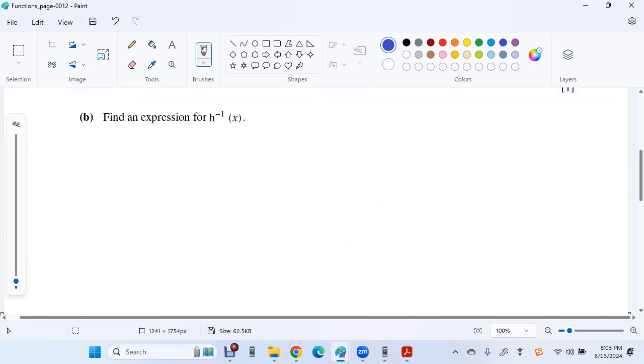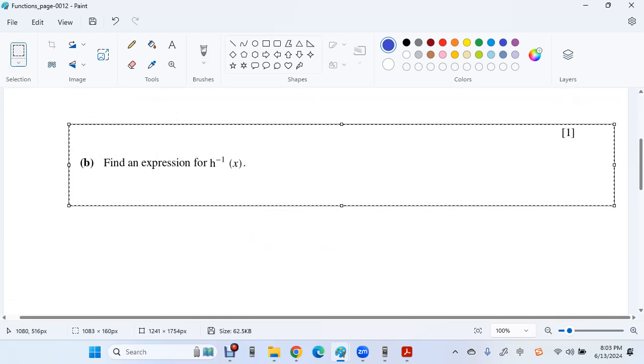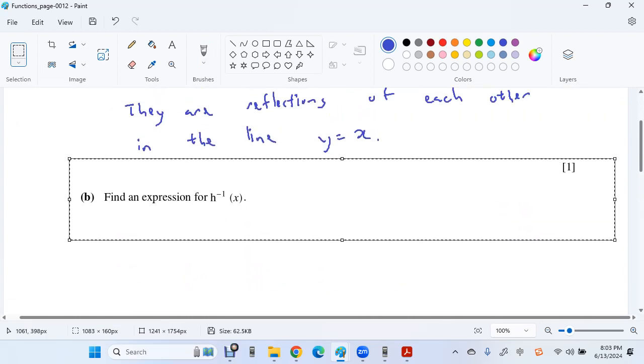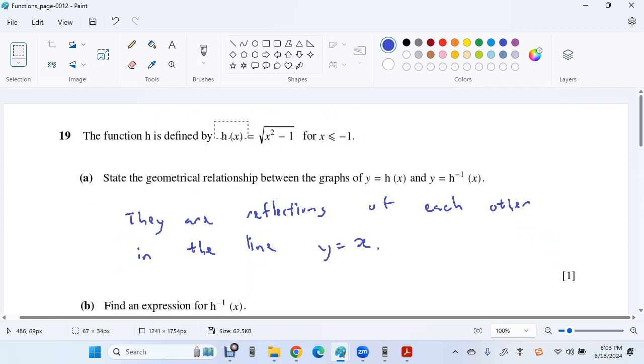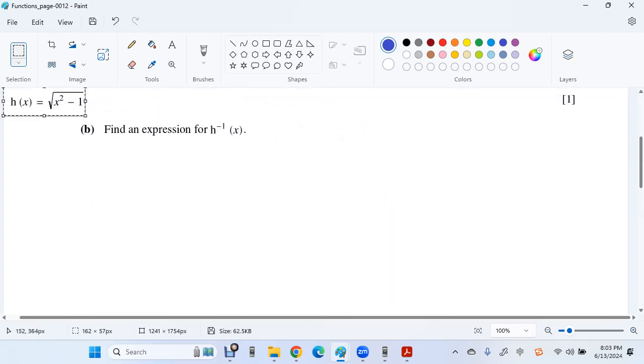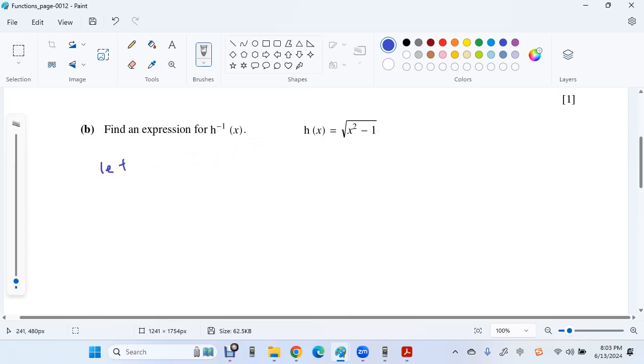Okay, so B, we want to find the expression for h inverse. So this is h(x), and we want to find h inverse. So let h(y) equal to x, then h inverse of x equals y.